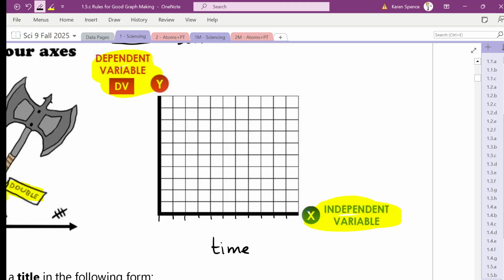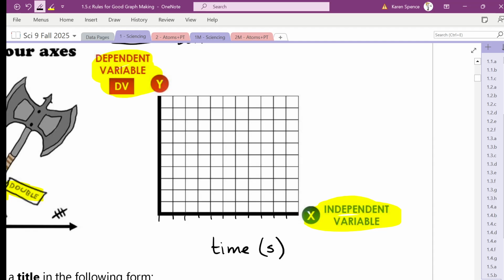And then the units go in brackets. Time for a dog running is probably measured in seconds, because especially if we're just running across a room, it's not going to take them that long. So we have time in seconds as our independent variable.